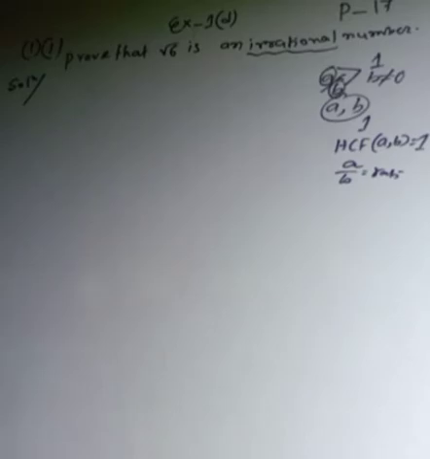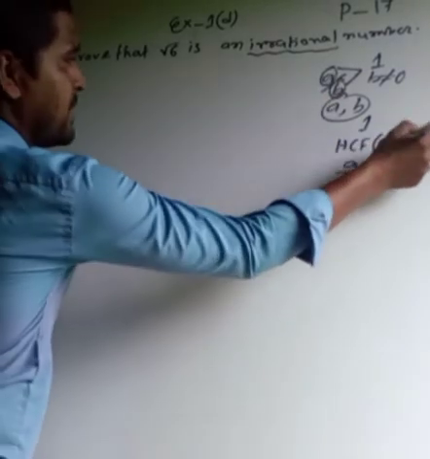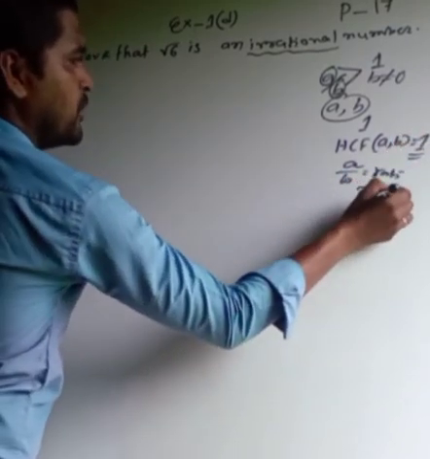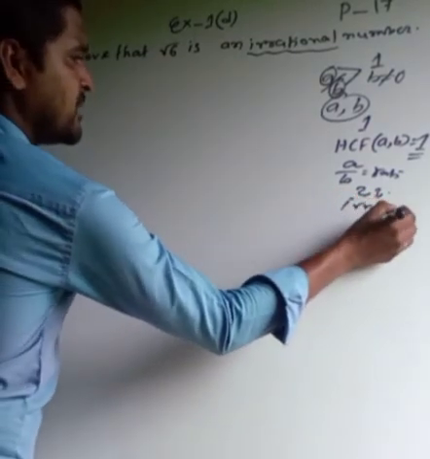If a by b we can divide by others except this one, like 2, 3, 4, any positive integer, then we can say this is an irrational number.